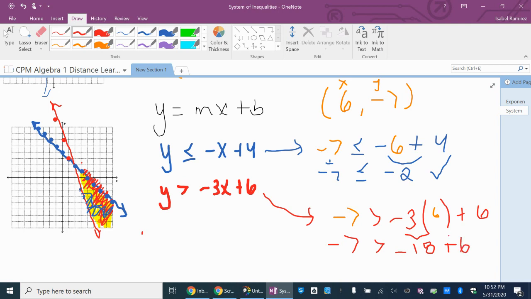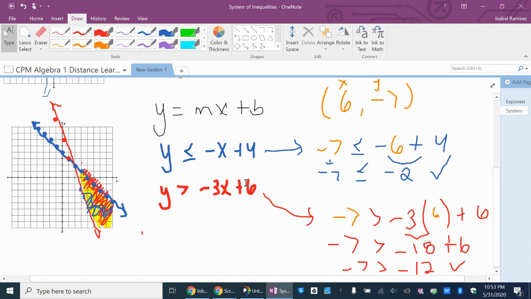And -18 plus 6 is, oh gosh, I can't do math now, -12. And -7 is absolutely greater than -12. I know some of you guys get confused with your negatives, but yes, -7 is greater than -12. So this point and all the points in this region satisfy your system, which includes these two inequalities.